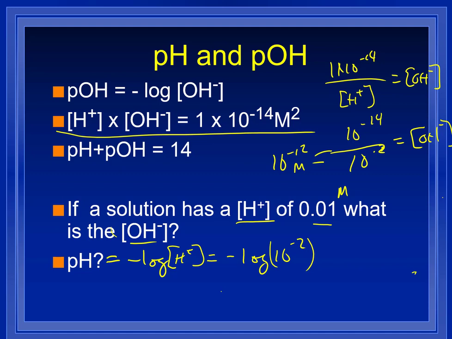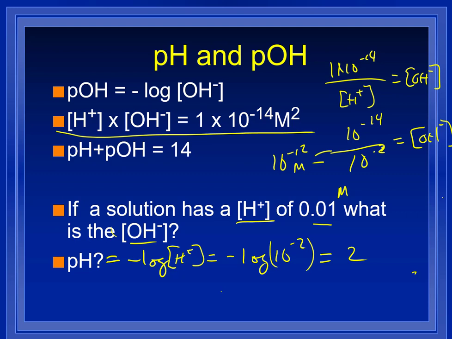Negative 2. So the negative of a negative 2 is 2. What's the unit of pH? A pH doesn't have a unit because we don't want to have the log of a unit. It's kind of meaningless. Unit squared makes sense because we multiply them. Log of a unit doesn't work.